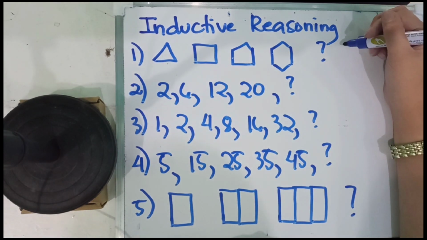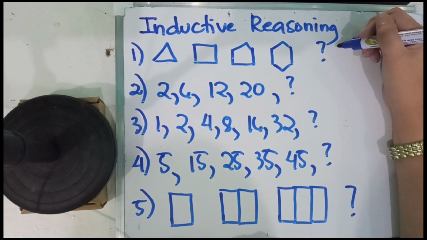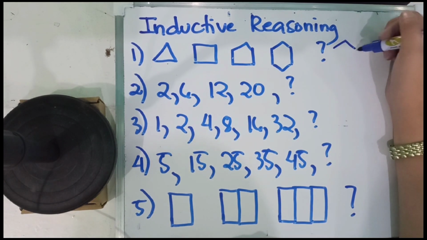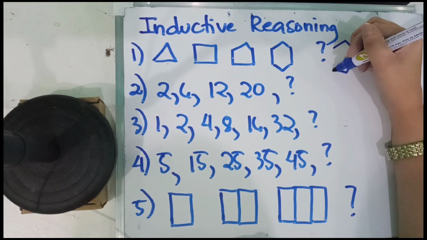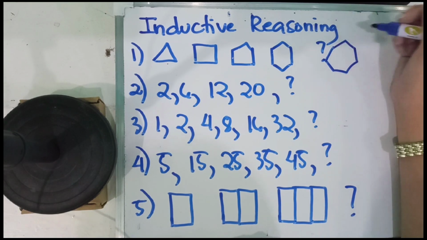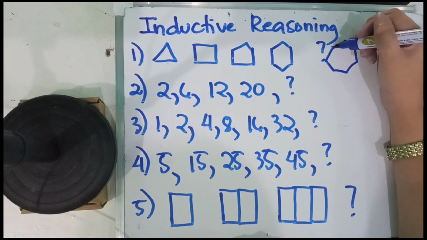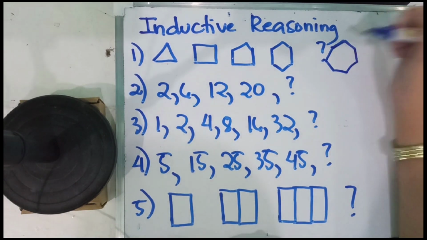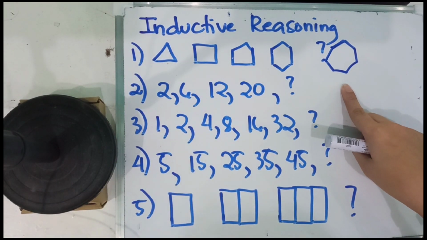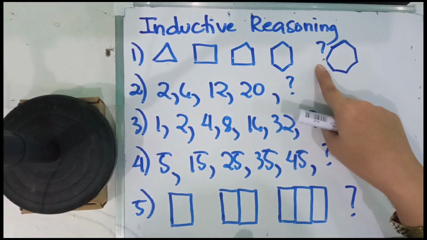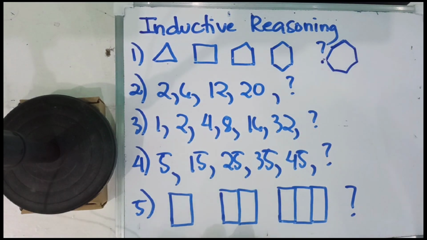So if we try to draw that one, that will look like this: 1, 2, 3, 4, 5, 6, 7. So most probably it will look like this. And a figure having 7 sides is a figure that we call a heptagon.